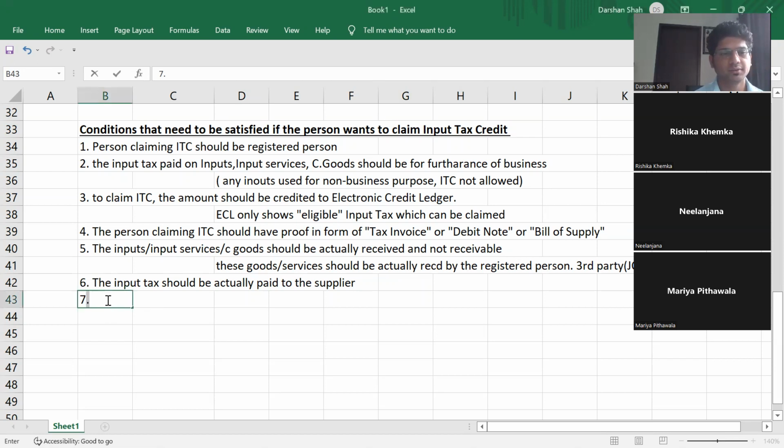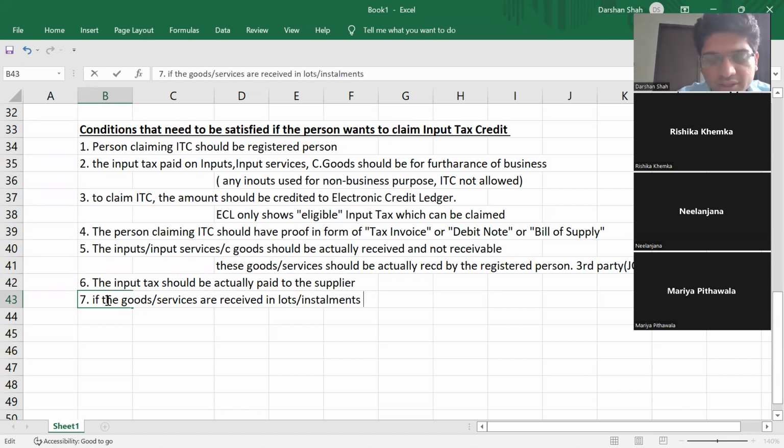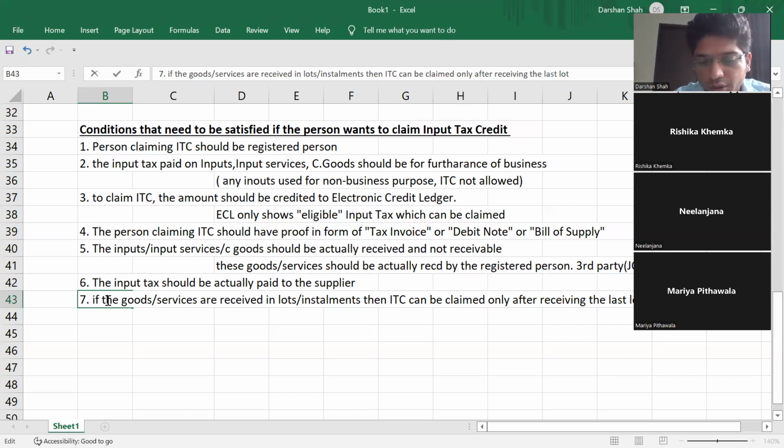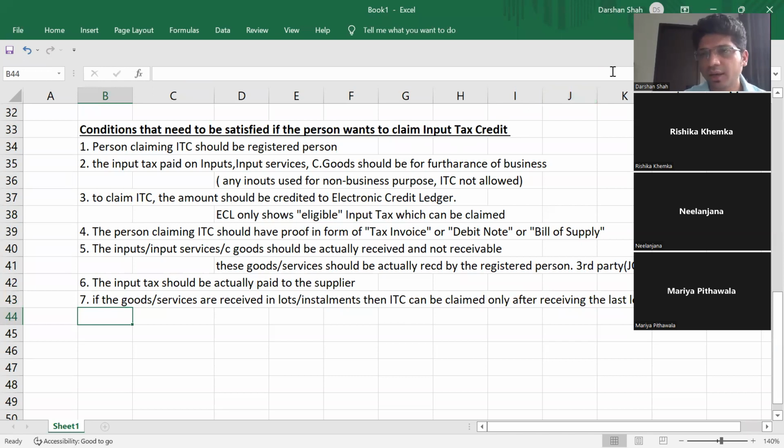All right, next, 7th point. Now this is also an important point. If the goods or services are received in lots or installments, then ITC can be claimed only after receiving the last lot or installment. You cannot claim ITC in between.